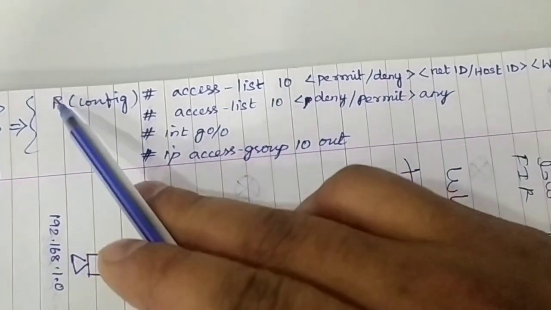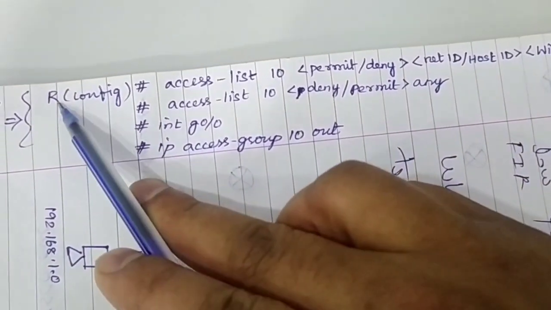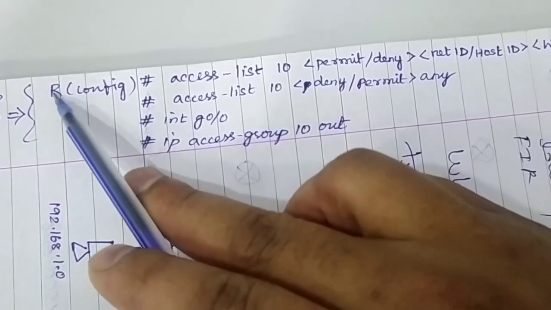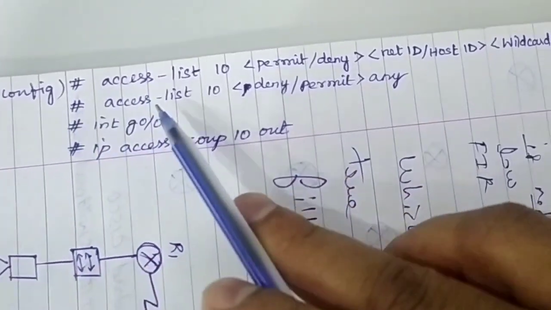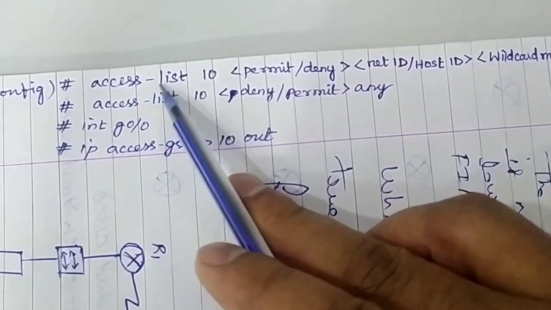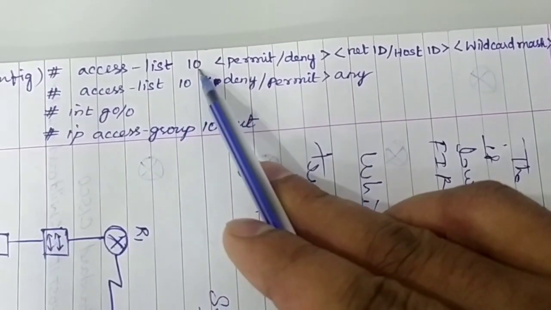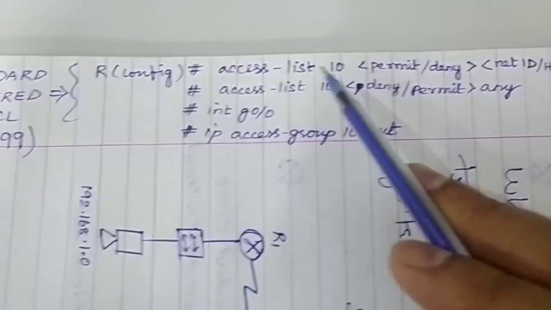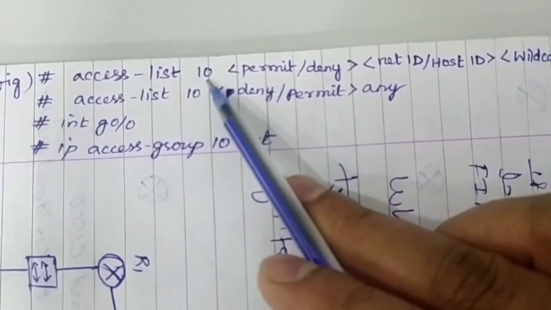You should be in global configuration mode. Whichever router you are choosing, change the R value accordingly, like R1, R2, R3. Then access-list, space, and you can use any number within the range 1 to 99. I am using 10 here.